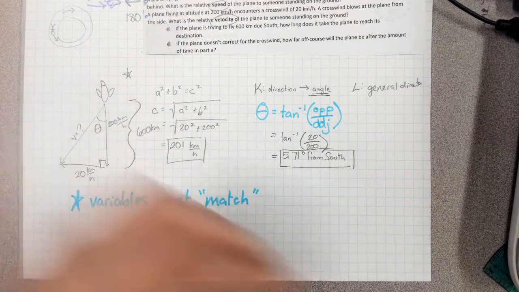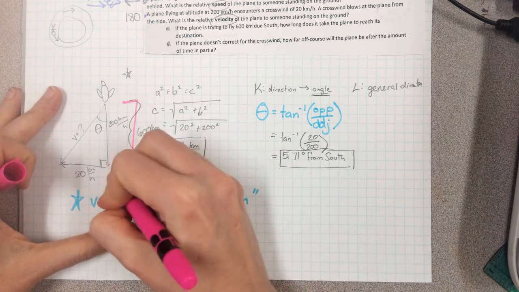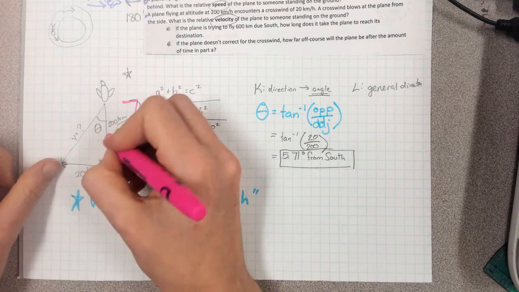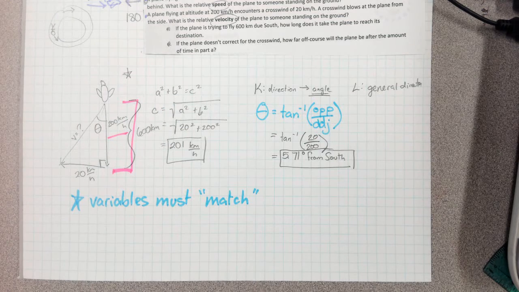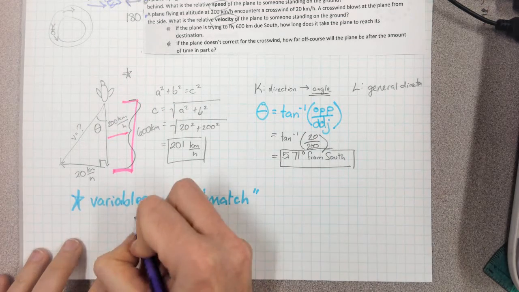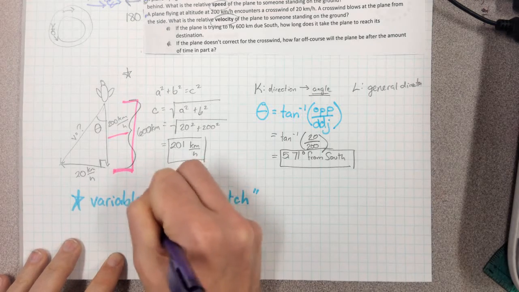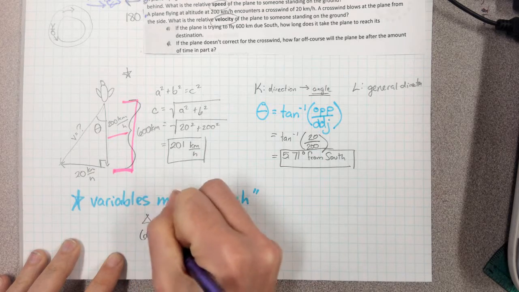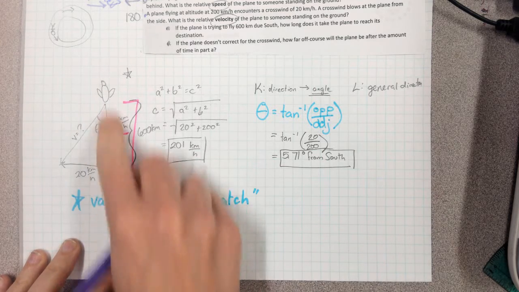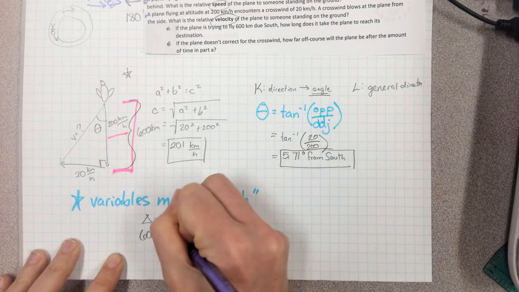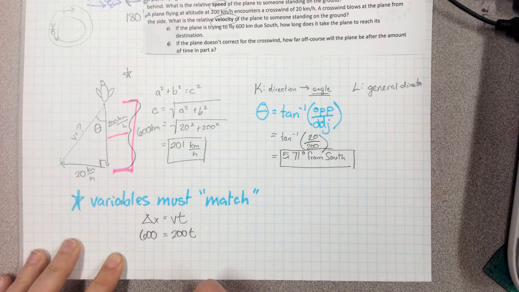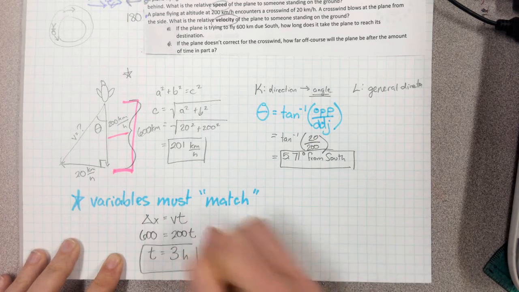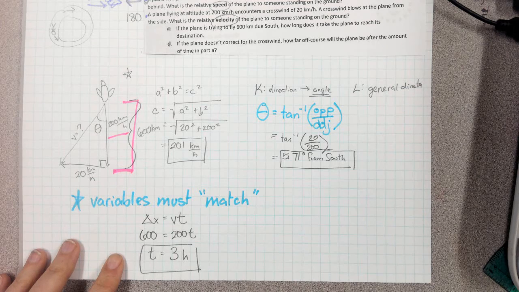In this case, we are taking a distance directly south, which means we need to use a velocity that is directly south. So delta x equals velocity times time. We know we've gone 600 kilometers, so we need to use the velocity directly south. So the amount of time it takes is 3 hours.